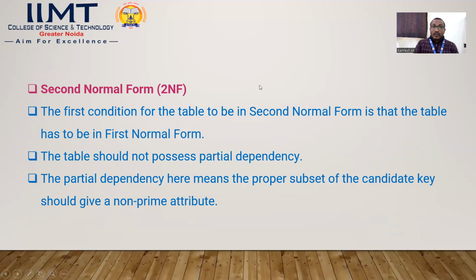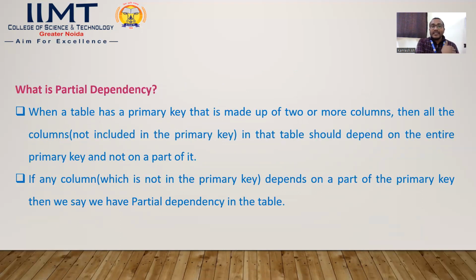Okay, second normal form. The first condition for the table to be in second normal form is that the table has to be in first normal form. The table should not possess partial dependency. The partial dependency here means the proper subset of the candidate key should not give a non-prime attribute. Okay. What is partial dependency?